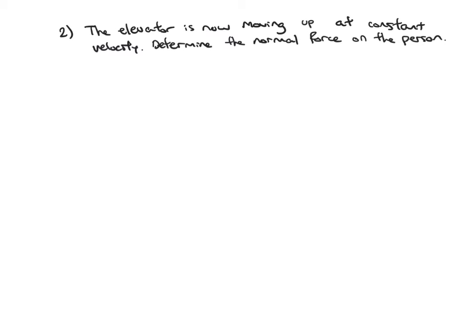So this one should be really quick, and it'll be really quick as long as you recognize or catch these 2 very important words: constant velocity. Constant velocity means forces are balanced. That's Newton's first law.